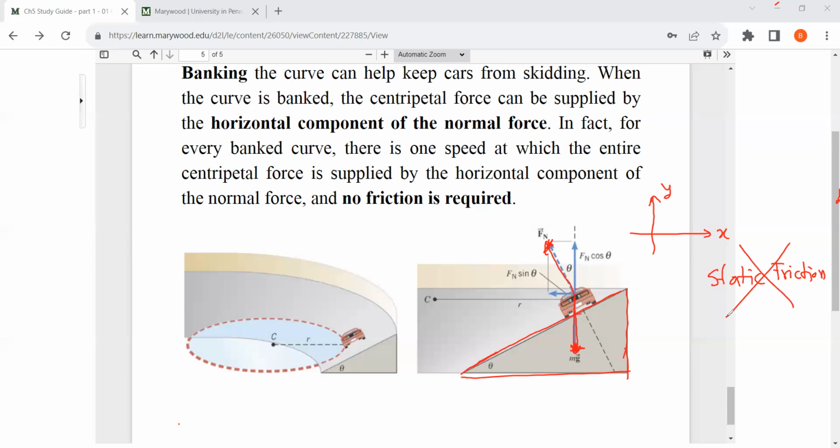So here, even if we don't have the static friction, you see that this force has a component to the center. Here you see that the direction of mg is in the y direction. So this is our y, so you see that this is negative y.